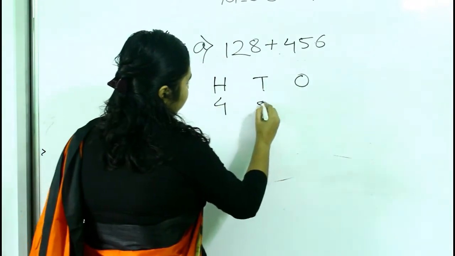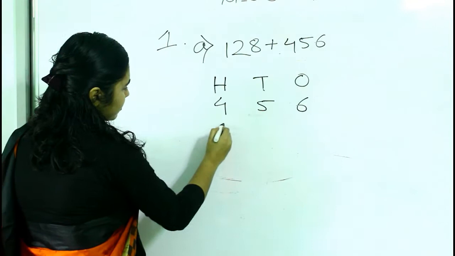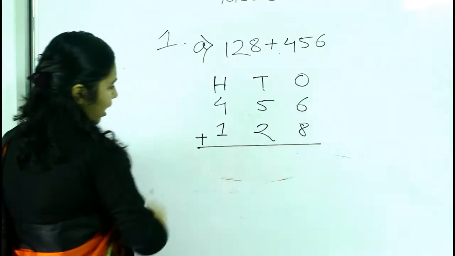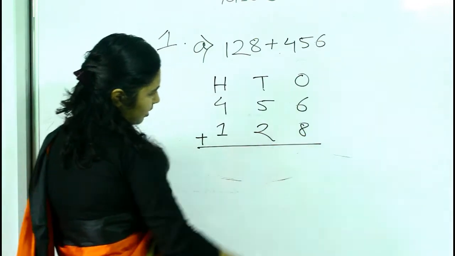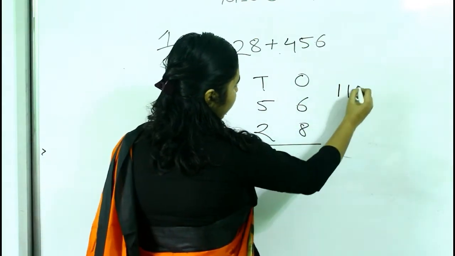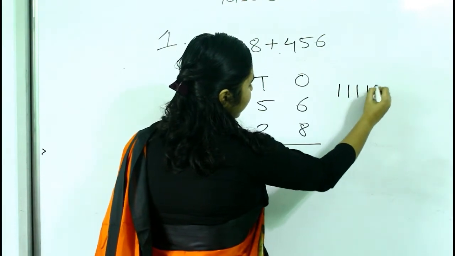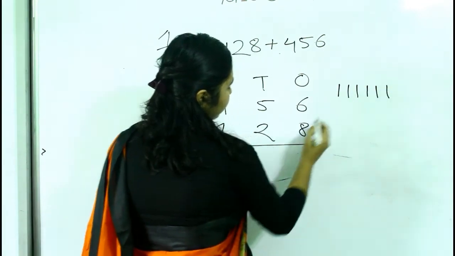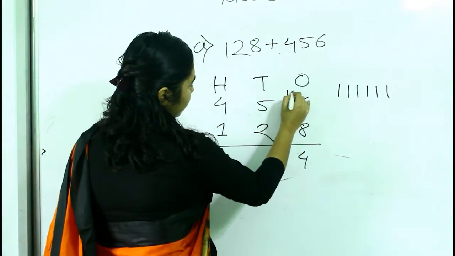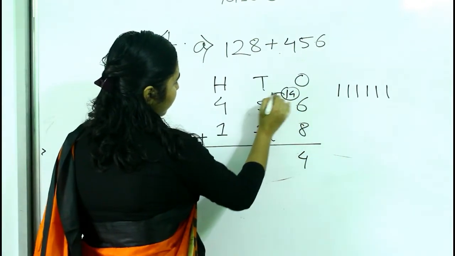Take this bigger number first and next take the smaller number. Add. Now 6 plus 8, after 8, count 9, 10, 11, 12, 13, 14. So take here 4 and add this one with 5.